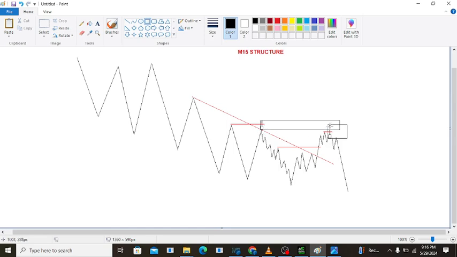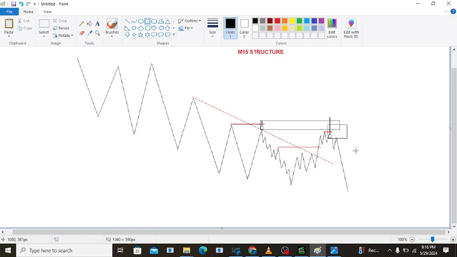It would be much better if the price would just do it like this. Man, this is a combo. It will be much high probable.